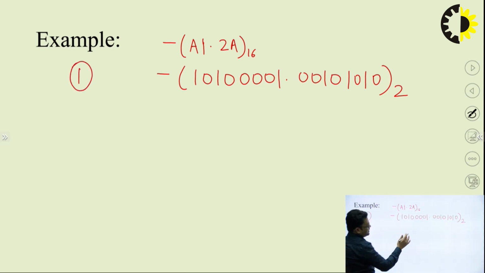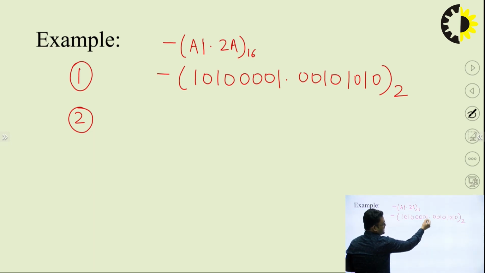But again, the position of the point is not fixed in this number. So we have to normalize the given number. For normalization, we need to shift the position of the point in such a way that there is only one non-zero digit to the left of the point.